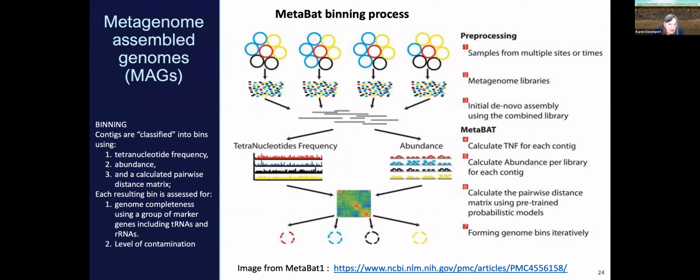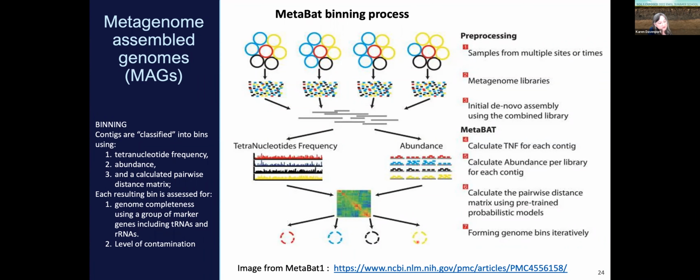The binning process uses MetaBAT2, which is more computationally intense than MetaBAT1, but is more effective. It's sorting, so you have all of the contigs that you've sequenced here, and here are all of your reads, and here are your contigs. It's sorting those contigs by tetranucleotide frequency, as well as abundance, and then a calculated pairwise matrix to give you bins with contigs that should be from the same genome.